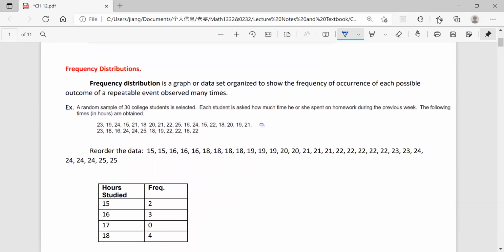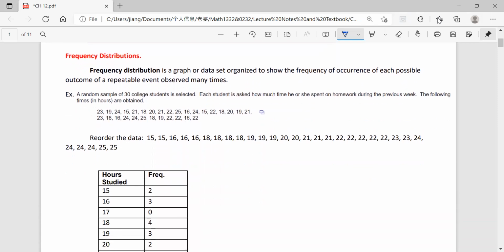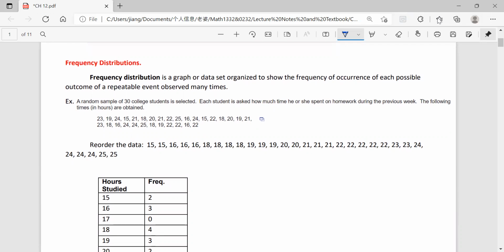Next one is frequency distribution. Frequency distribution is a graph or data set organized to show the frequency of occurrence of each possible outcome of a repeatable event observed many times. So if I have a lot of data, for example, I wanted to find how many hours students sleep at night.